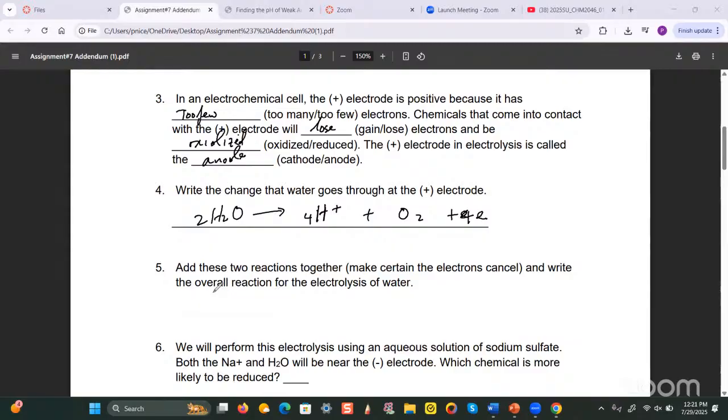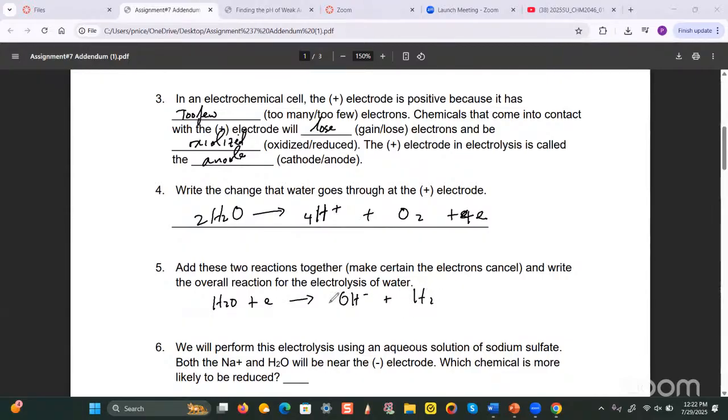In fact, number 5 is asking you to add these 2 equations together and make sure the electrons cancel out. The first reaction we had was H2O plus electrons to form OH minus plus H2.